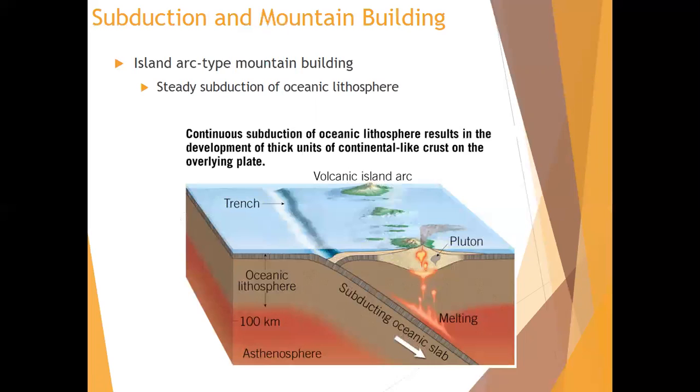There will be periods of volcanic activity related to this, and igneous plutons are created at depth, and there's an accumulation of sediment due to the subducting plate that helps to create the new crust above this area of melting.